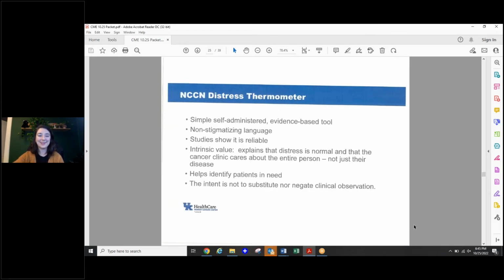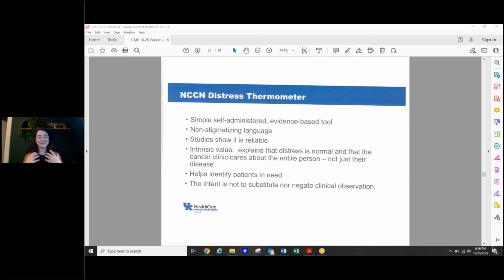Okay, great. So the distress thermometer, while it is a specific tool that we use, I think it's a good format for how to engage with and for social workers to receive consults. It's self-administered, so the patient identifies and marks for themselves what their concerns are, because sometimes it can be difficult to verbalize that, especially some of those items on there. They may not always feel comfortable bringing that up with anybody, honestly.